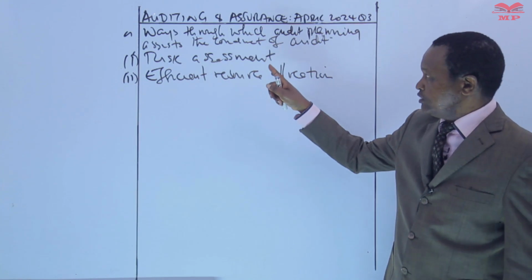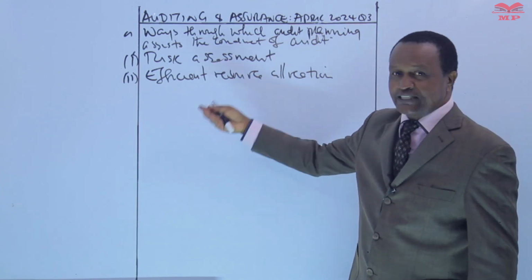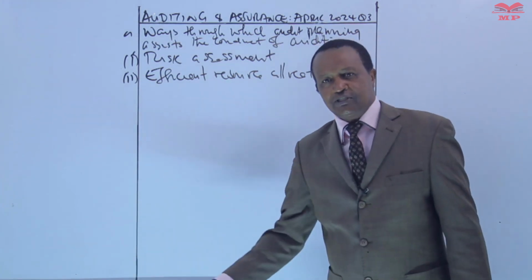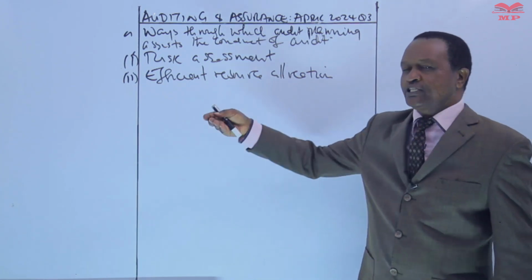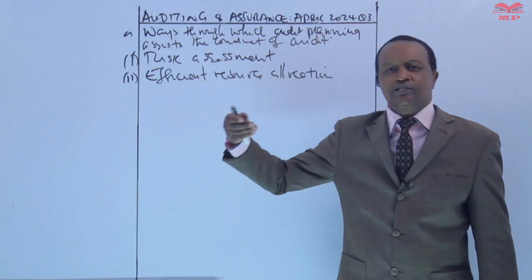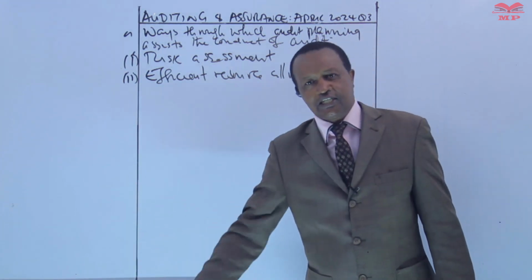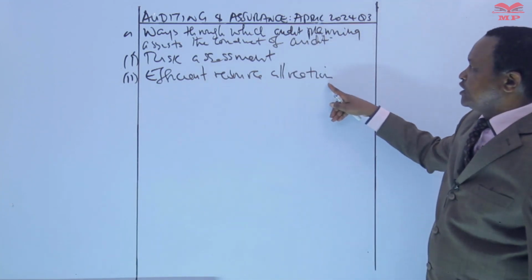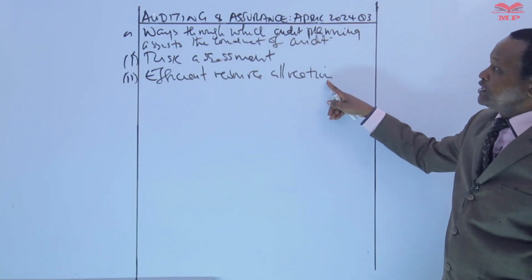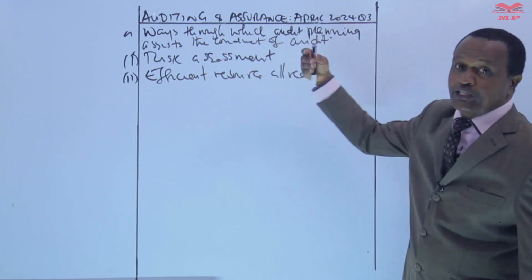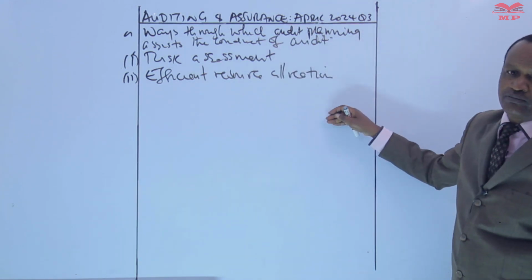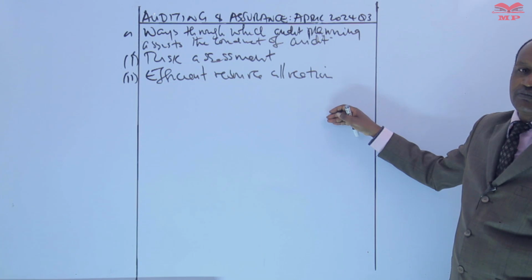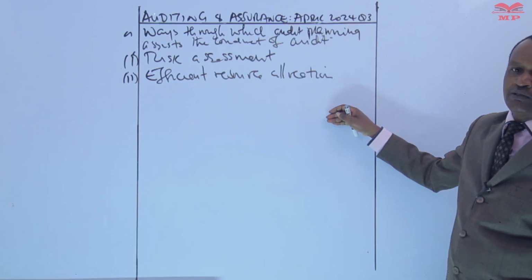The auditor first of all assesses the risk of material misstatements. He identifies those areas that are most risky, that will require more resources and time. Then after that, there is the efficient resource allocation based on this risk assessment, which is part of the planning process. You understand?